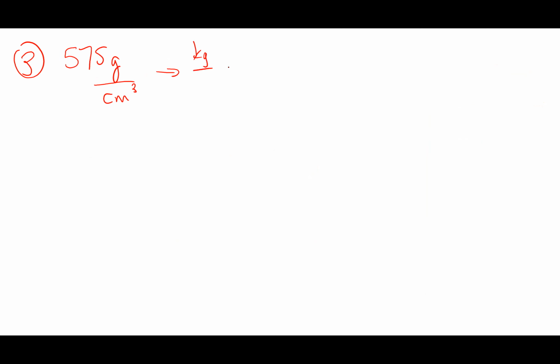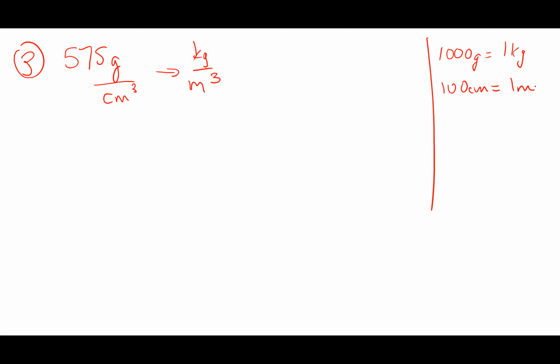Again, a pretty easy conversion there, to meters cubed. So there's really only two conversions I'm doing here. I know that 1,000 grams is equal to 1 kilogram. And I also know that 100 centimeters is equal to 1 meter.